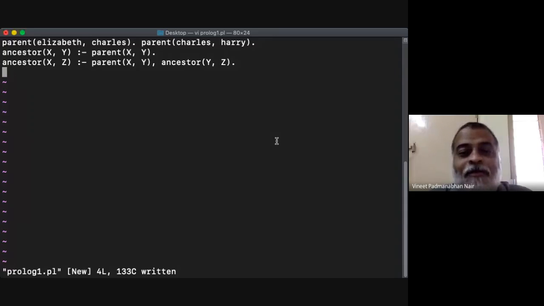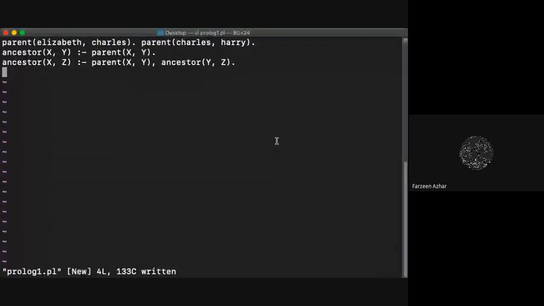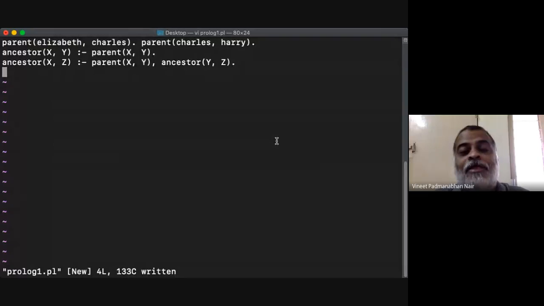Can you see it? Yes, sir. So I have just copied whatever I have shown you in the previous slide, and I have put it in a file called prolog1.pl. It's a new file, 4 lines. You can see what is written. Okay. So let that be there.